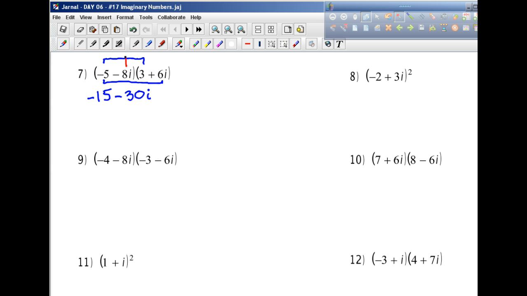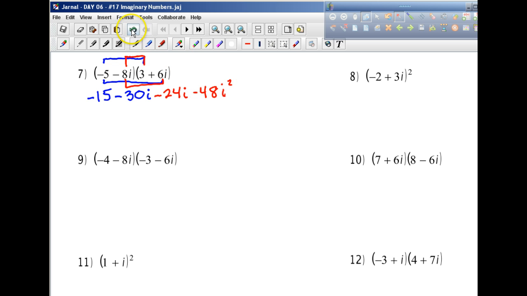Inside, we got -8i and 3i. That's -24i. And then last, -8i and +6i. That's what? -48i squared.